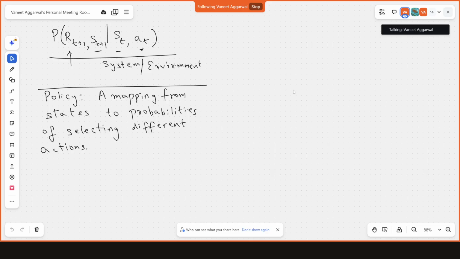Key is if I'm in a certain state, what action should I be choosing? So this is determined as what is the probability that I choose an action A at time t given that I see the state which is S at time t.